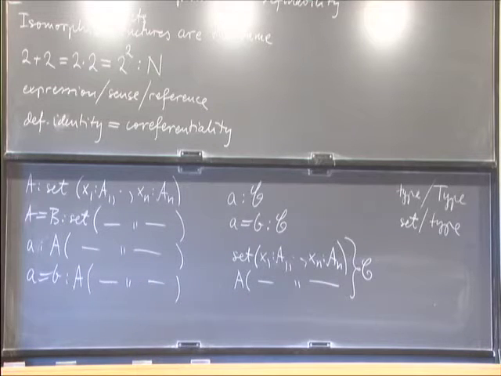Now, why am I saying this? Well, it's because of the notion of identity. Because if you ask what is a category, I mean, what does the word category mean? I think the appropriate answer is that a category is defined by laying down two things. First, what an object of the category is, and secondly, what it means for two objects of the category to be the same or identical. Well, that means that there is no uniform meaning of identity, because for each category you have to explain what it means for two objects of that category to be identical.